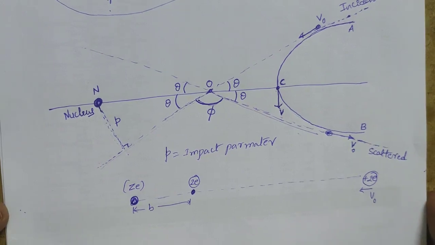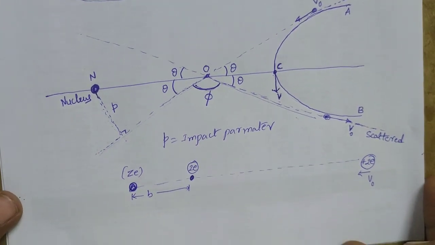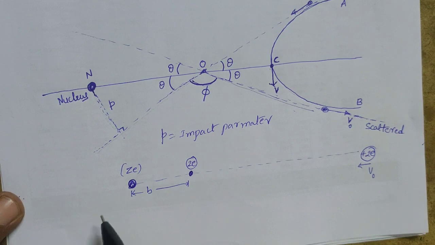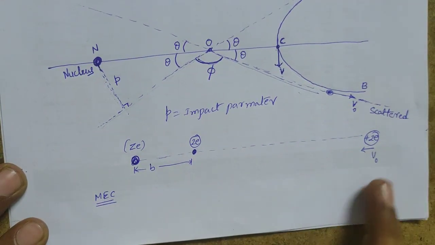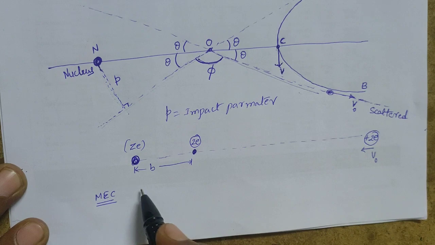We can calculate this distance of closest approach by simply applying mechanical energy conservation. When it is at infinity, it will have the kinetic energy.